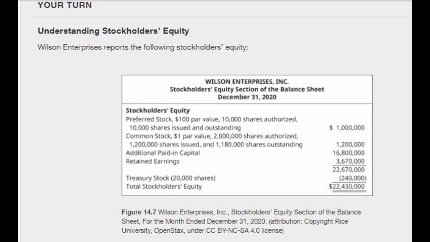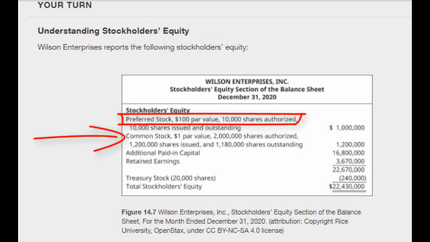Number 1, there is a line called preferred stock. Up to now, we've only had common stock as a line in the value section of your balance sheet. Why might we have other value from preferred stockholders?